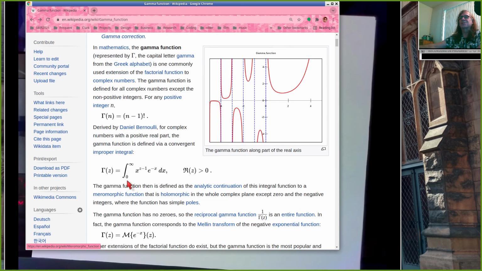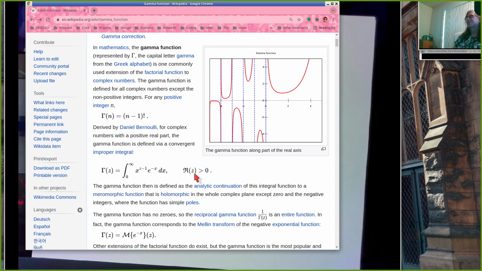And the gamma function is really this infinite integral. Gamma z is the integral of x to the z minus 1 times e to the minus x, with respect to x. And it's defined for complex numbers too, as long as the real part is bigger than 0. And so this is tied into this idea of analytic continuation.